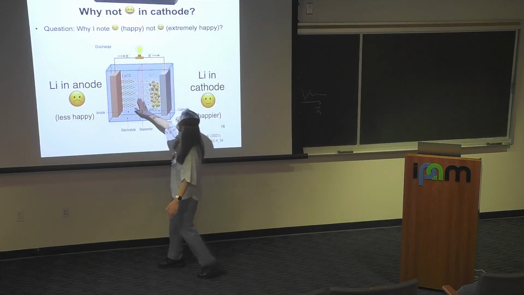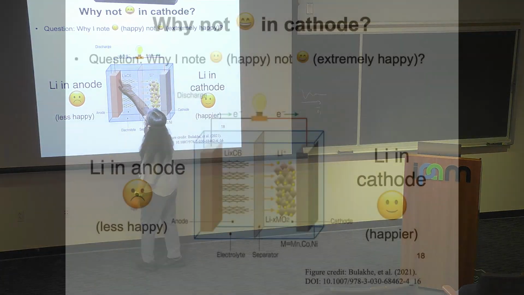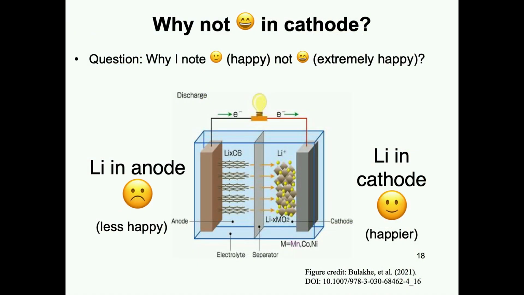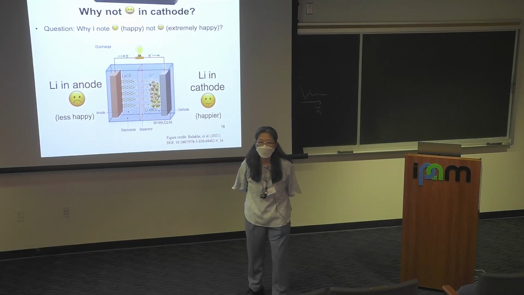So the lithium ion needs to go there, but you don't want the electron to go through, because you want to force the electron to go this way, right? So that's why it's separate. It's separating electrically. Is that clear? Okay, great.